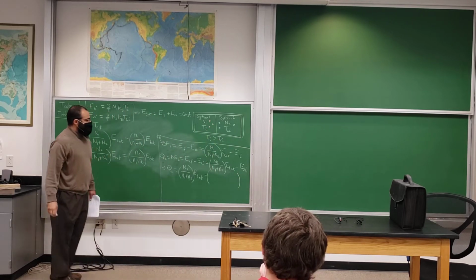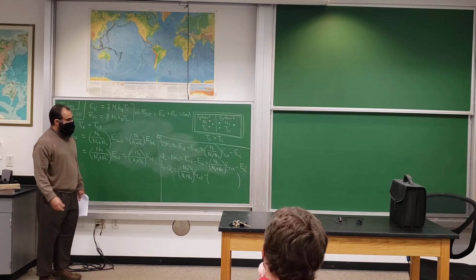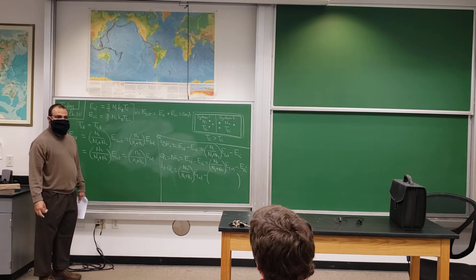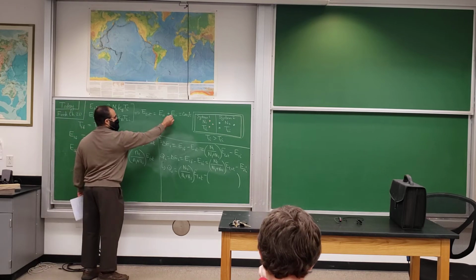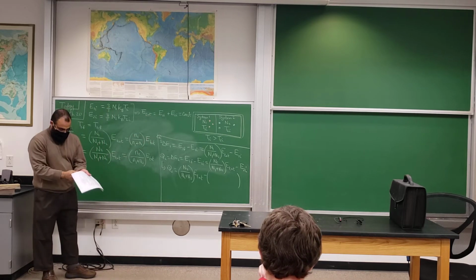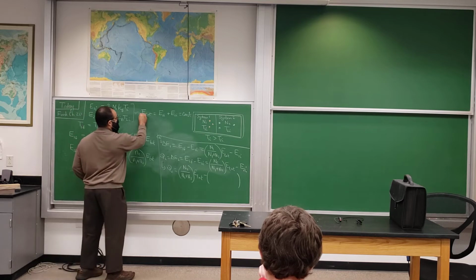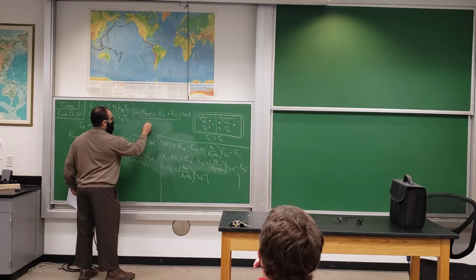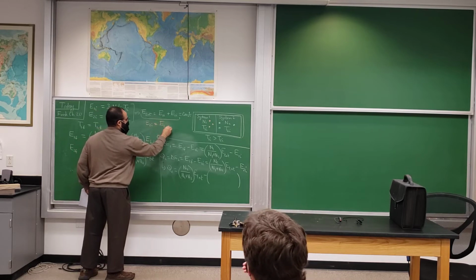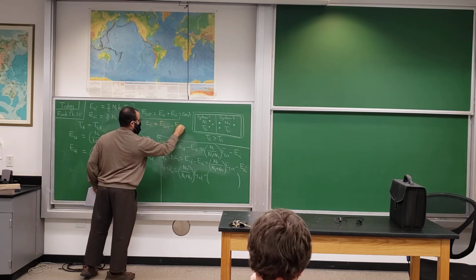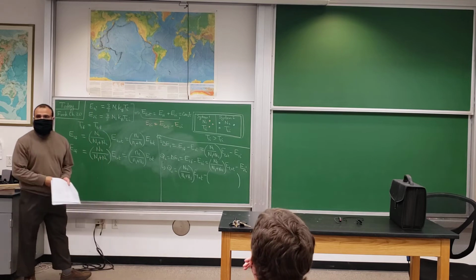How is E2 initial related to E1 initial? E2 initial is equal to what? Start here. E2 initial is equal to E total minus E1 initial.